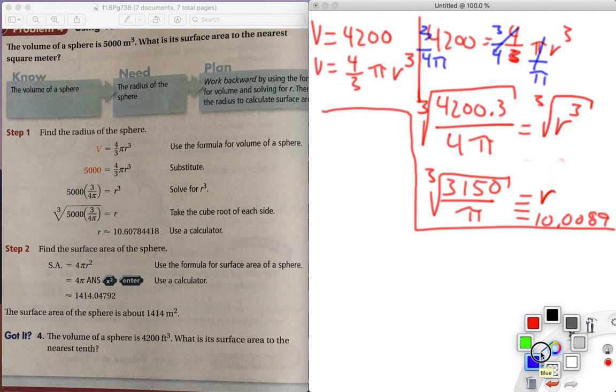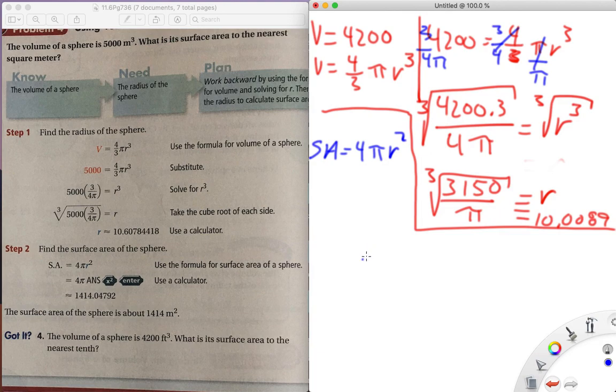I'm not going to cube root it. I'm going to keep it as is. So surface area is 4 pi r squared. We know what pi is, so it's going to be equal to 4 times pi times 10.0089125 squared.